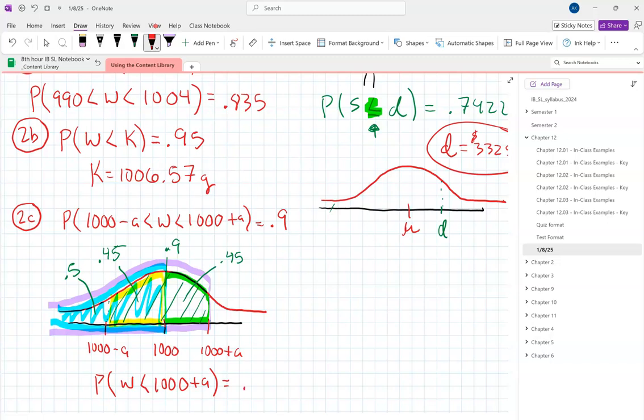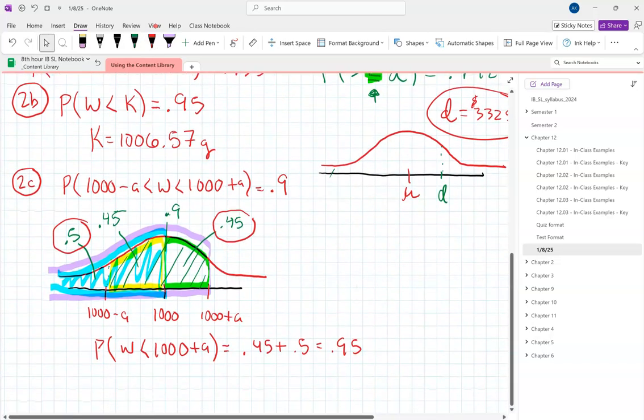And what's the area there? 0.45 plus 0.5, 0.95. Everybody okay with this? Notice this is the exact same part as part 2B. You guys notice that?